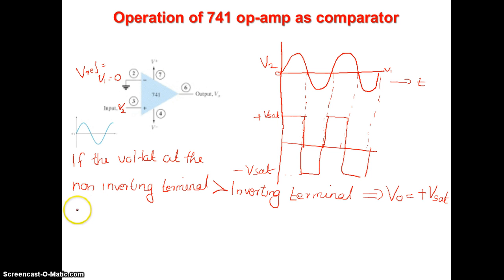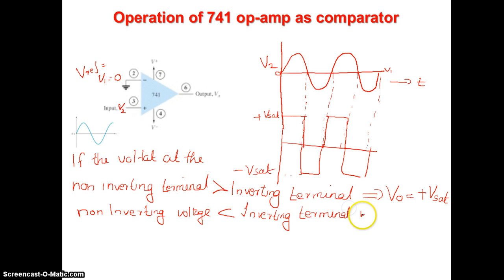And if the non-inverting voltage is less than the inverting terminal voltage, then VO goes to minus Vsat.